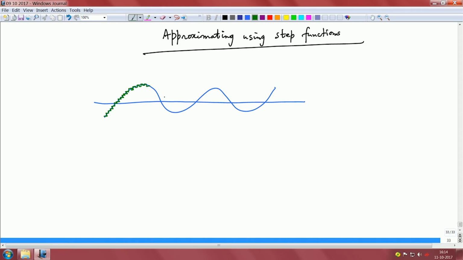So you can fill this diagram throughout. Okay.